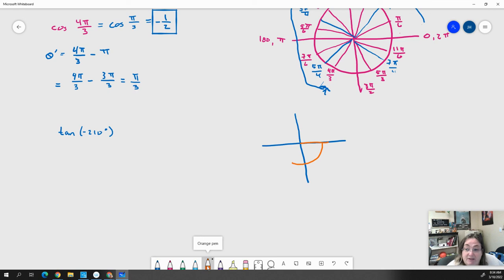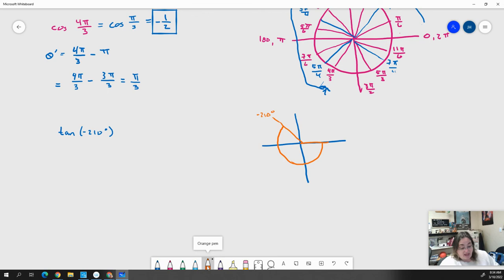If I get here, I get to negative 180. And if I get to about here, I get to negative 210. If I keep going, this would be negative 270. And so we can say that this is negative 210 degrees.